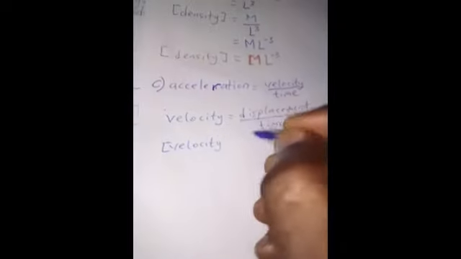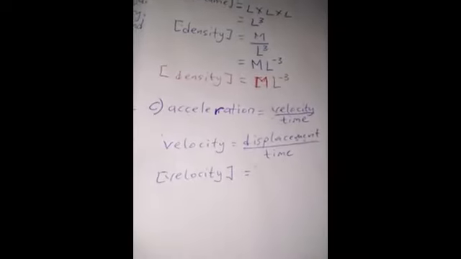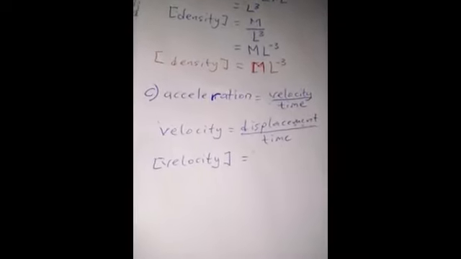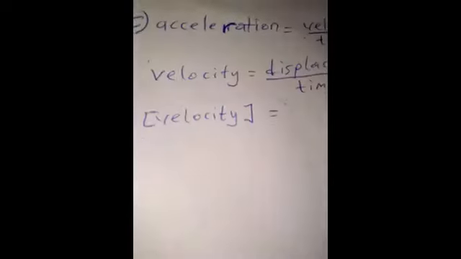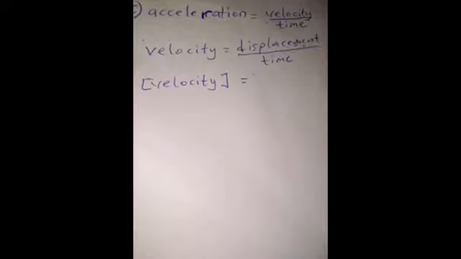So the dimension of velocity is equal to dimension of displacement over time. Now, displacement is a distance with a specific direction, which is a vector quantity. A distance with a specific direction is what is termed as displacement.